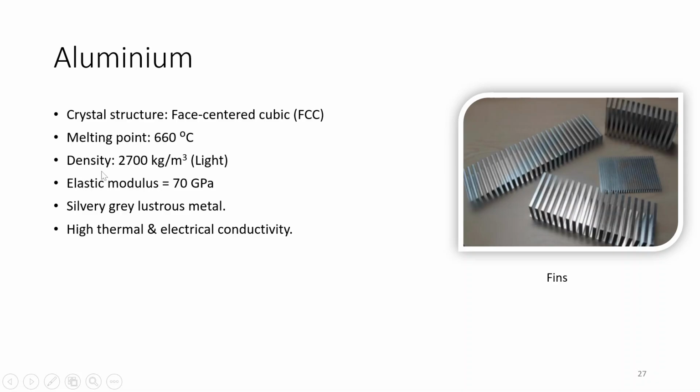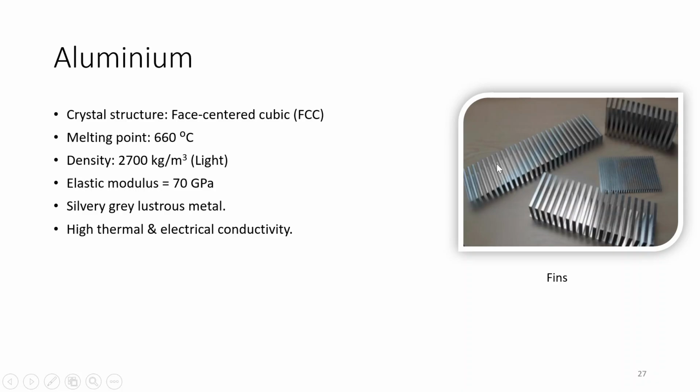Clear, ma'am. Okay. So aluminum's density is also 2700 kg per meter cube, which is very light. Then you have an elastic modulus of 70 GPa, and it is a silvery grayish luster metal, and it has very high thermal and electrical conductivity as well.